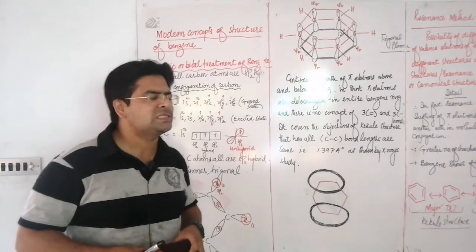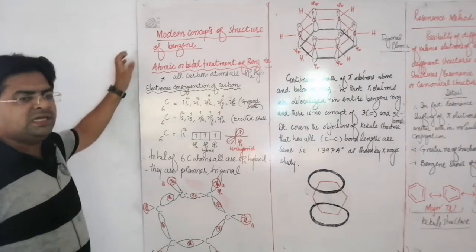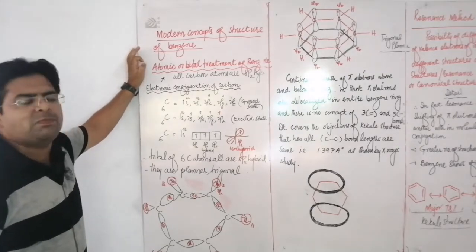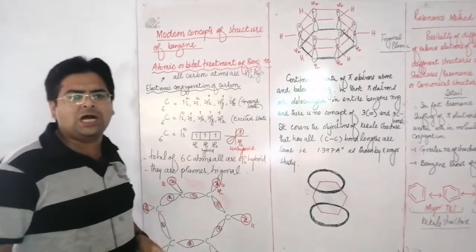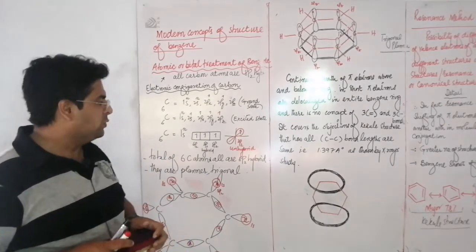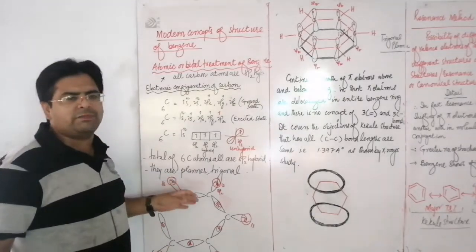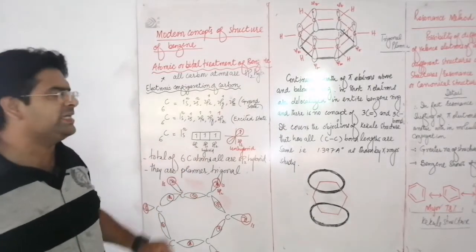As we discussed in chapter number 7, in the structure of ethene, that was sp2 hybridized. In sp2 hybridization, the orientation of hybrid orbitals is triangular planar, the same as in benzene.